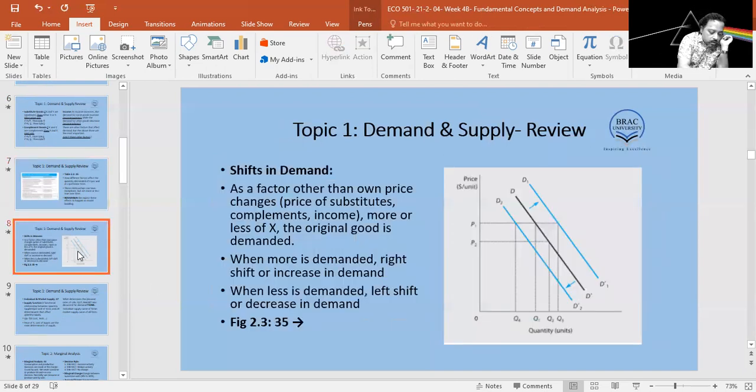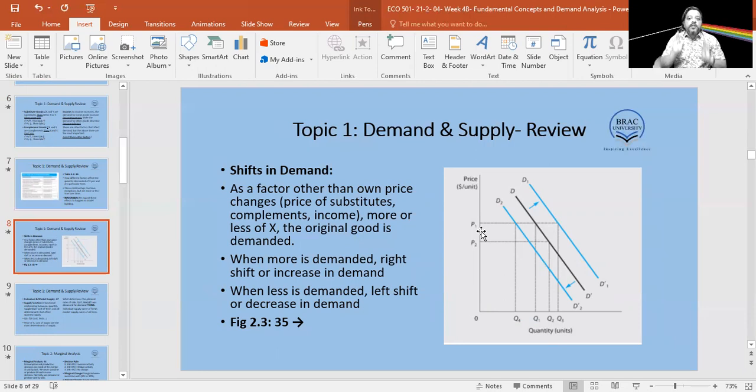Now, if demand increases, the original demand curve, black, will shift to the right. If demand decreases, the original demand curve will shift to the left. I've intentionally left a gap.